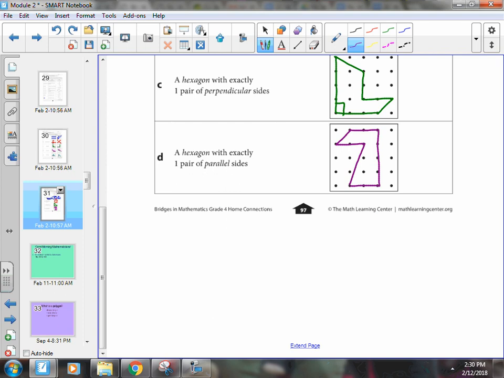Maybe I'll make, so that's not parallel. There we go. So in this case, the top and bottom are parallel. I have 1, 2, 3, 4, 5. And again, your examples do not need to look exactly like mine as long as they follow the instructions.